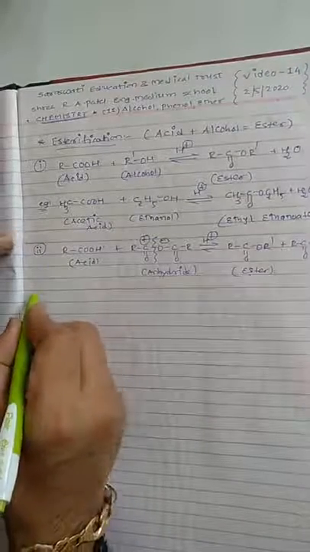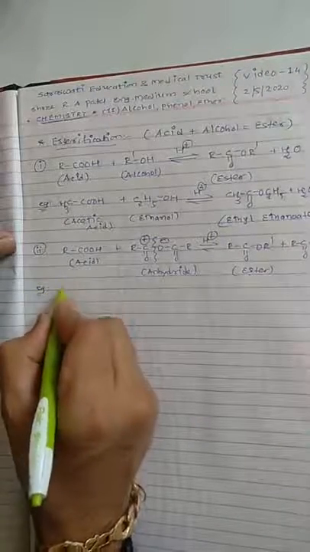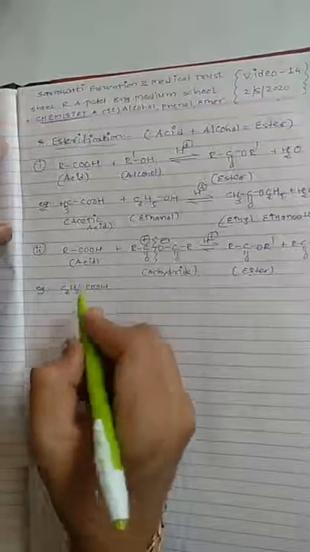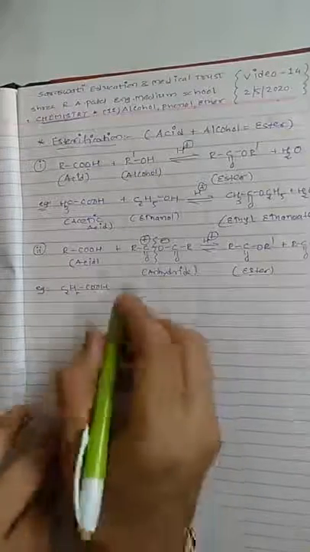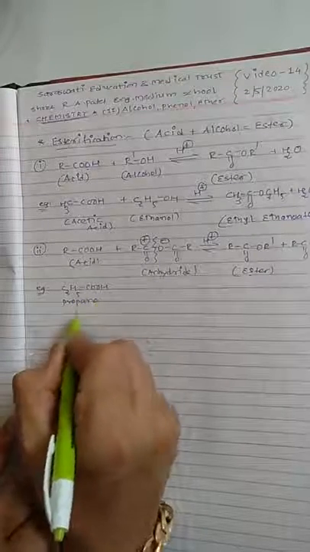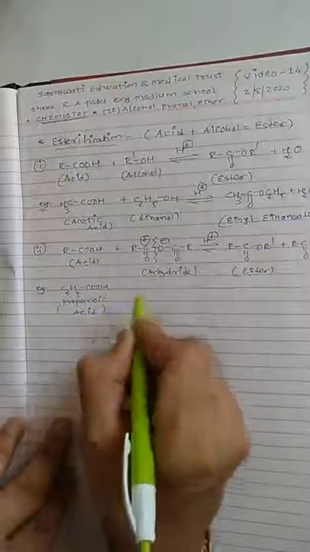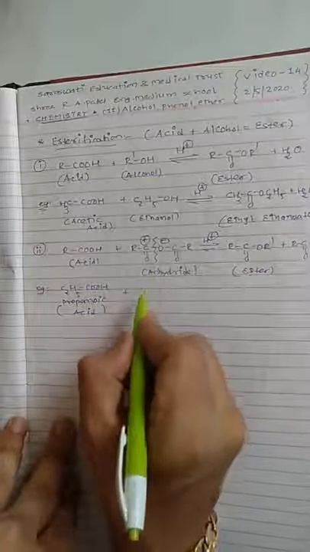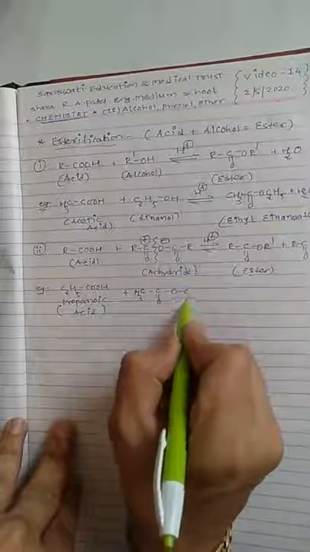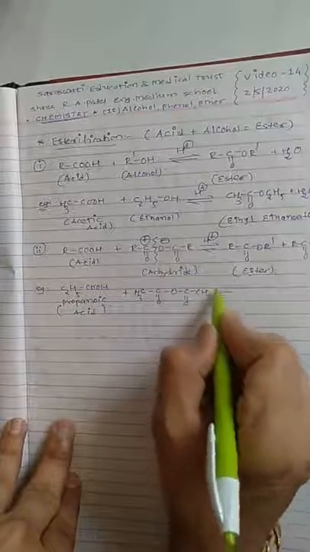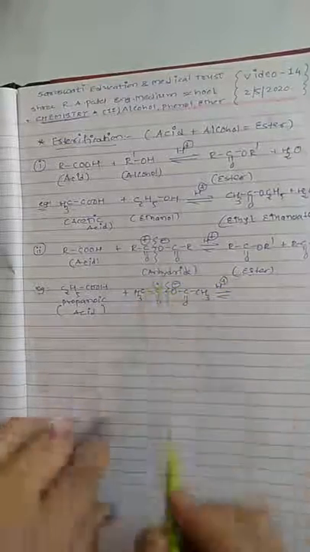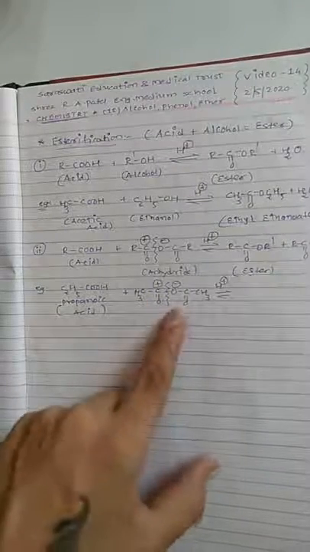As an example, we will write instead of R, C2H5COOH. This is propanoic acid. When it reacts with anhydride, meaning CH3CO O COCH3, in the presence of H plus ion, now we have two fragments as per our discussion, carbon having positive charge and oxygen acquiring negative charge.